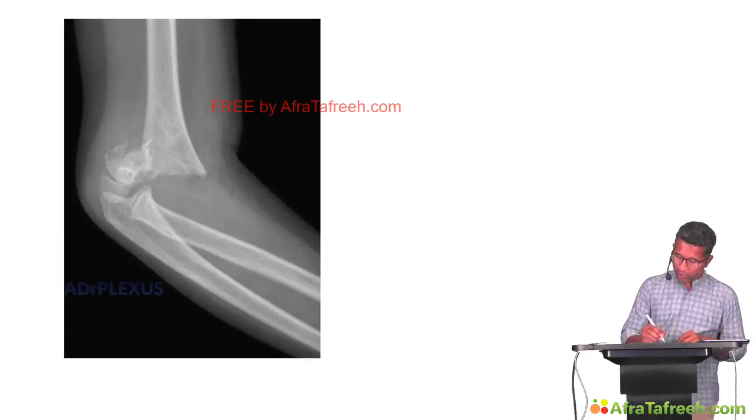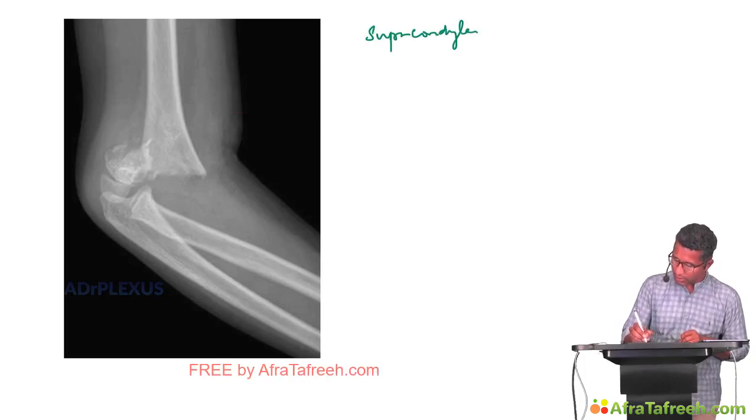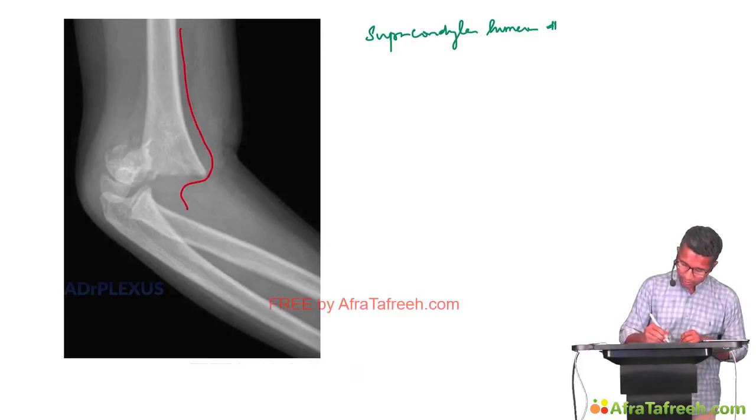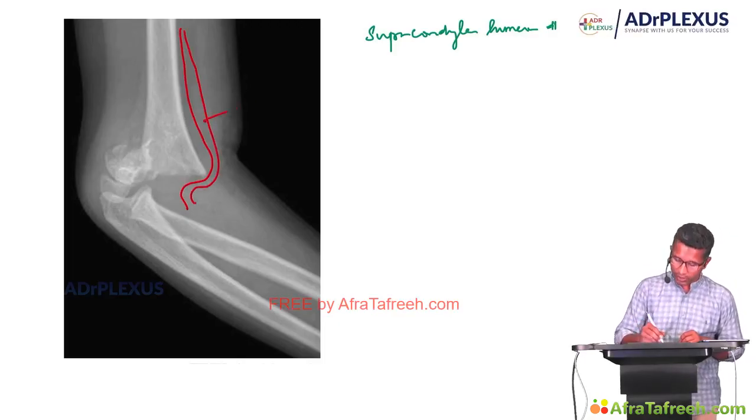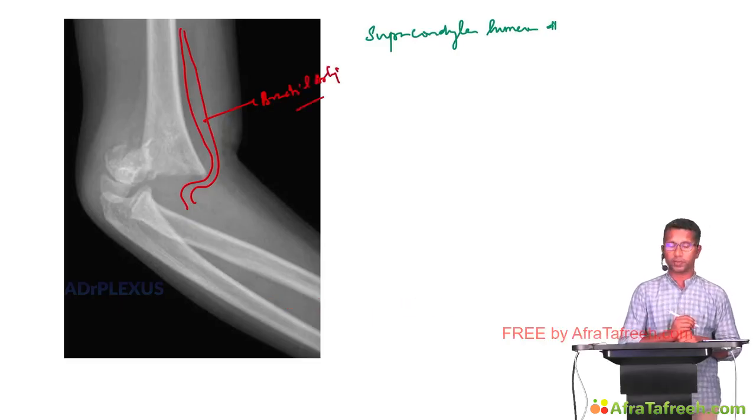So you all know that supracondylar humerus fracture is very, very common in children. Whenever there is a supracondylar humerus fracture, the structure which runs in front of the humerus, that is the brachial artery, can get injured or trapped by the fracture. So brachial artery injury is common in supracondylar humerus fracture.